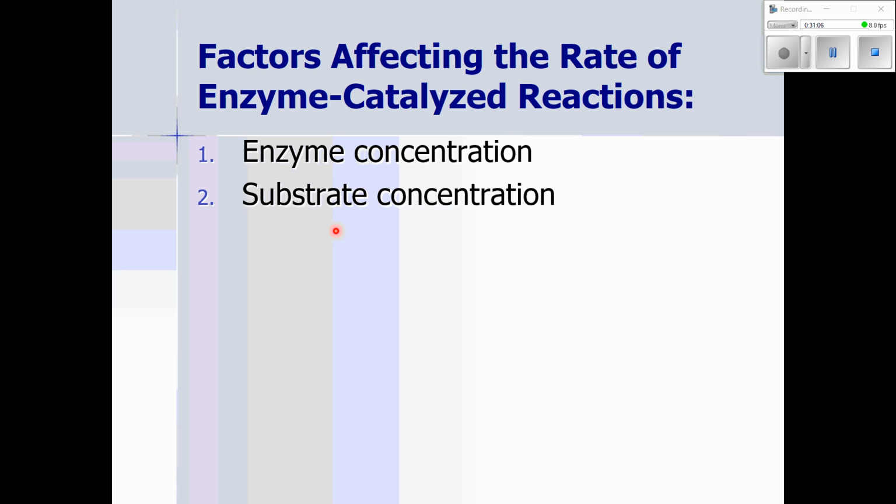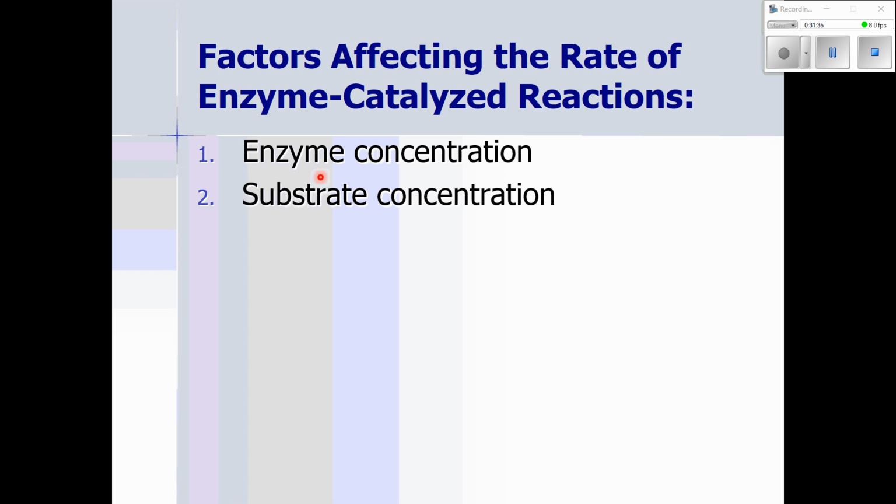An increase in the substrate concentration will also increase the reaction rate to a point. Now you get to a point where it doesn't matter how much more substrate you add, the enzyme is sort of maxed out and it's already breaking down the substrate as fast as it can. So this one is not as big of an impact as the first one.